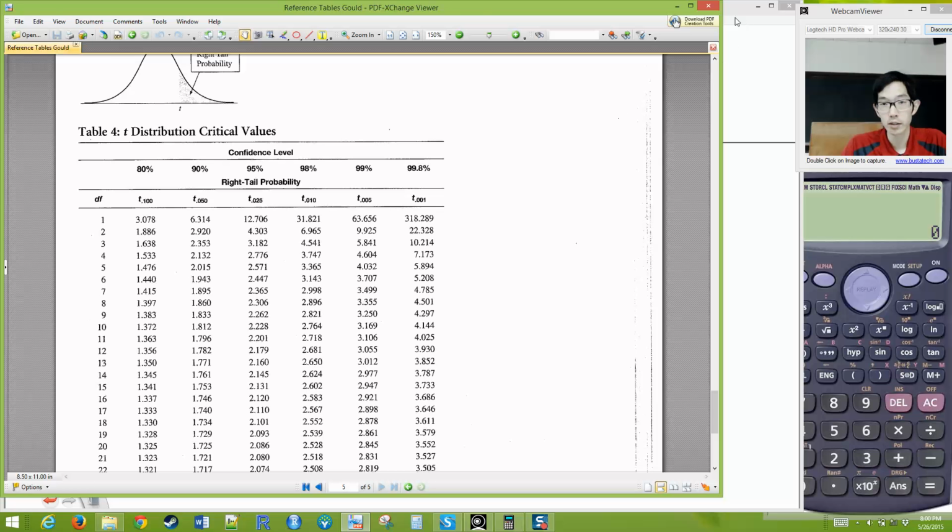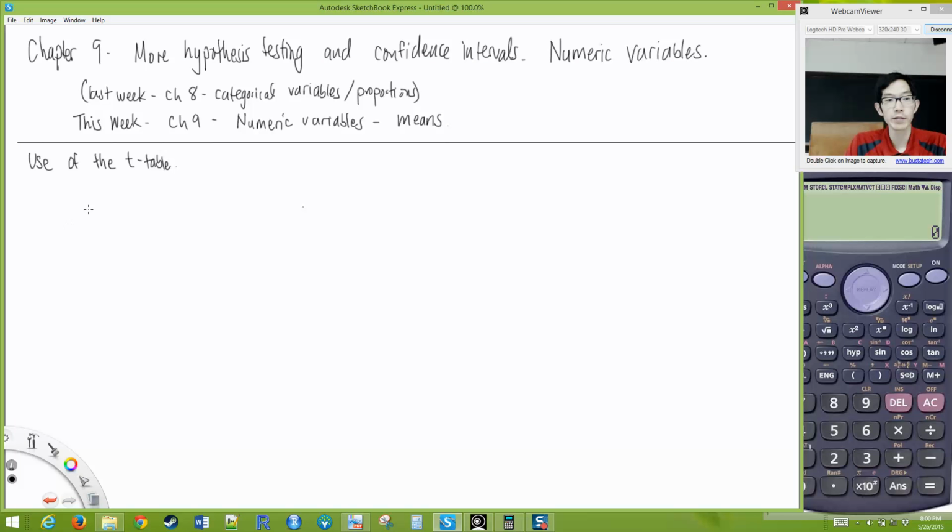Now, in this chapter, we have two types of problems, okay? Well, actually 4 types of problems, but I'm going to split them into confidence intervals and hypothesis tests.